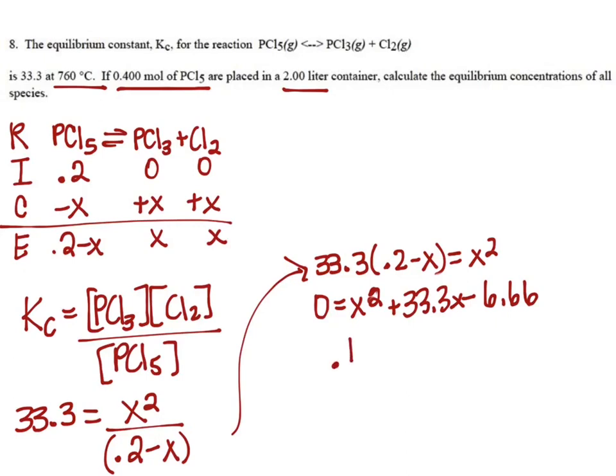We get 0.199 and we get negative 33.5. One of these makes sense, one of them doesn't. A negative does not make sense. So our X is 0.199.